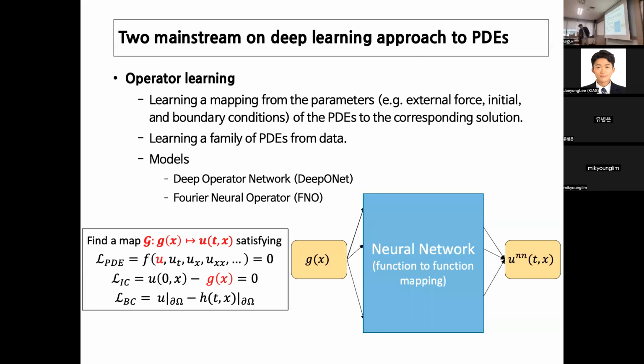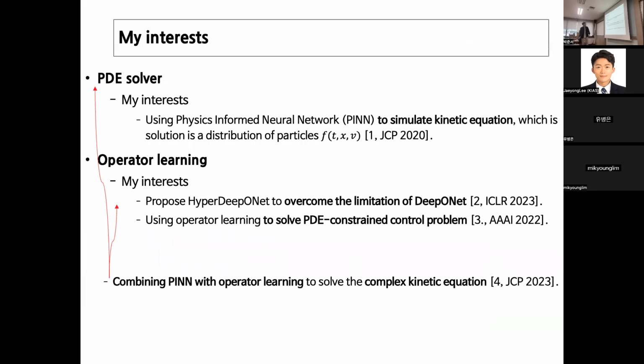Okay, so my interests in these two approaches are as follows. First, my interest is to use this PDE solver approach to solve complex kinetic equations. Later I'll introduce what the kinetic equation is and how to use this algorithm to solve it.